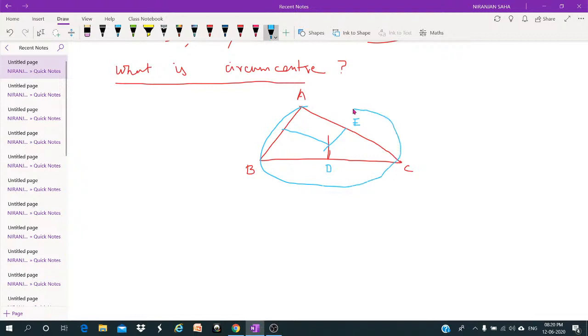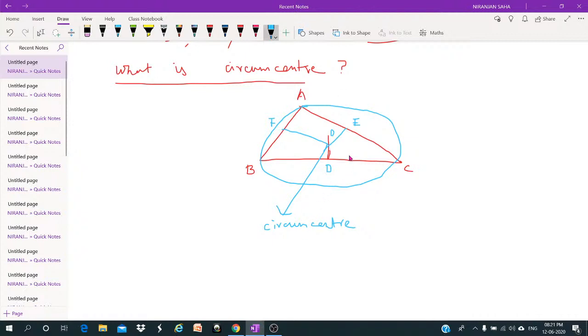So this is called the circumcenter, and the radius of the circle passes through the vertices of this triangle, and its center is at the circumcenter.